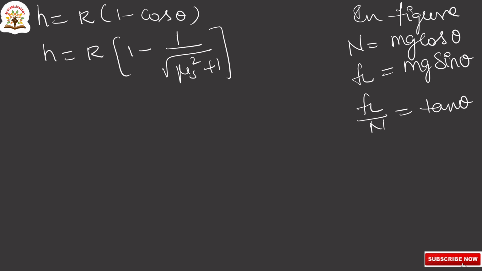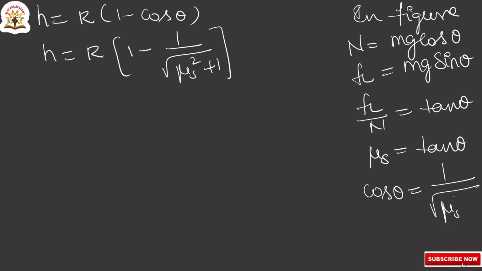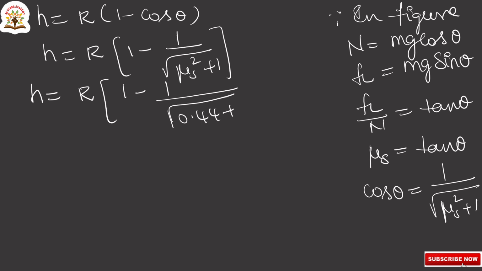From this we write cos theta is equal to 1 by root of mu s square plus 1. So in place of cos theta we write 1 by root of mu s square plus 1. Now substituting values, h is equal to r into 1 minus 1 by root of 0.44 plus 1, as mu s they have given is 0.44.